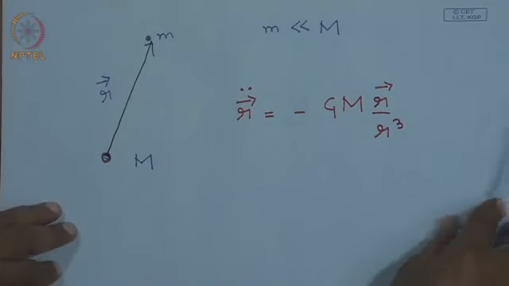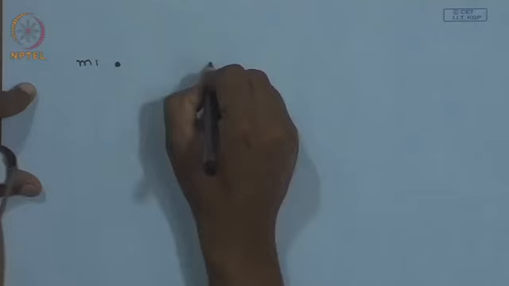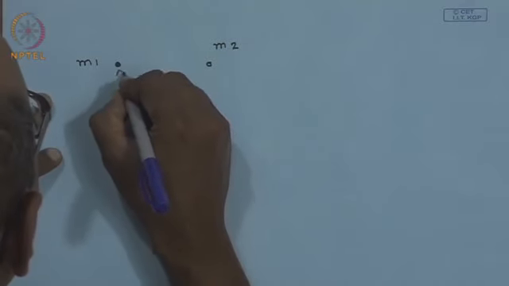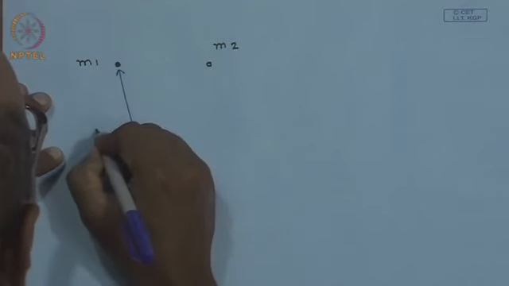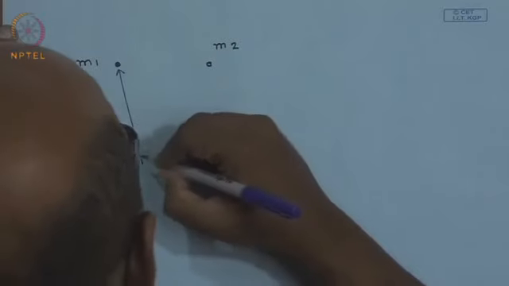Now, today we shall be discussing a different system. Here we have two masses m1 and m2. This is the vector r1 with reference to some arbitrary origin.